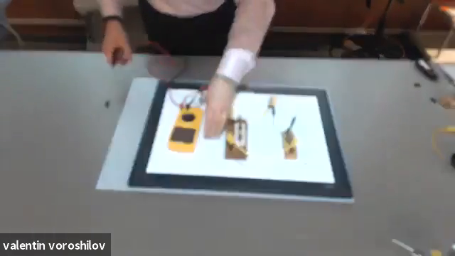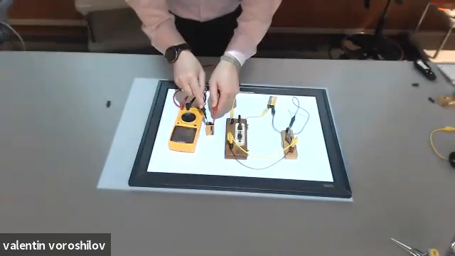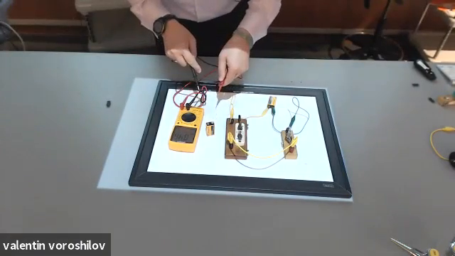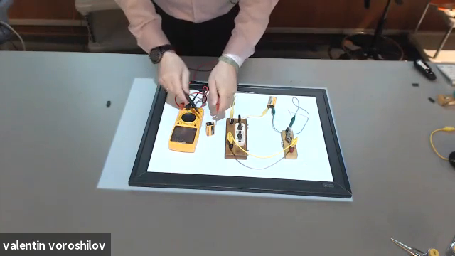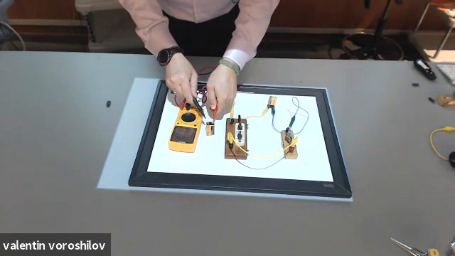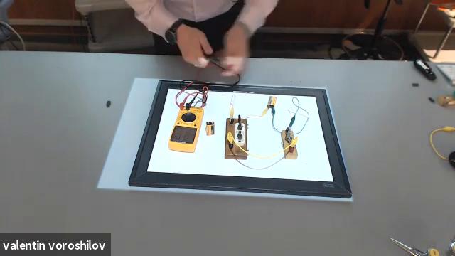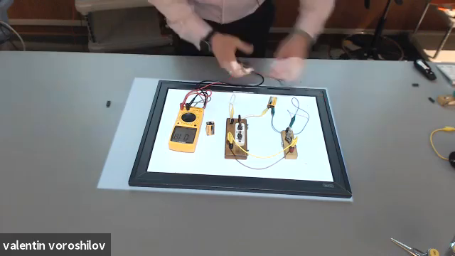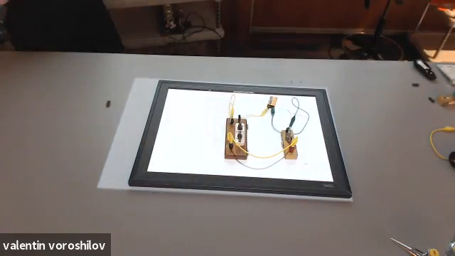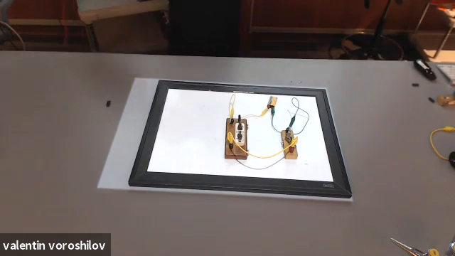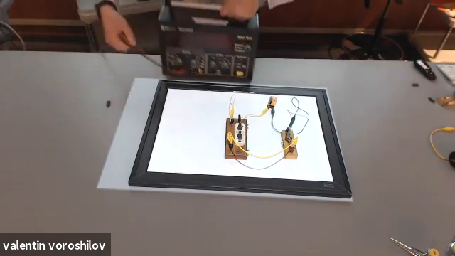So first, this is just a 9-volt battery. Do you work now? Come back, old friend.